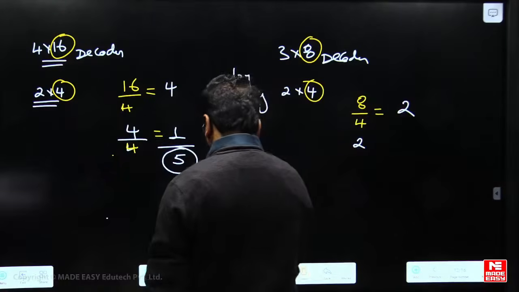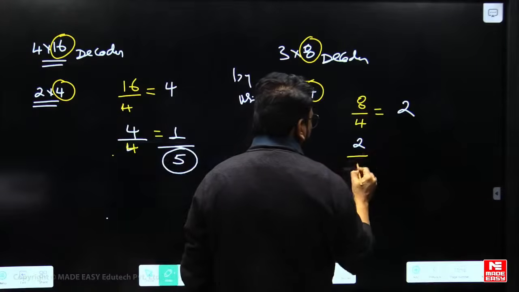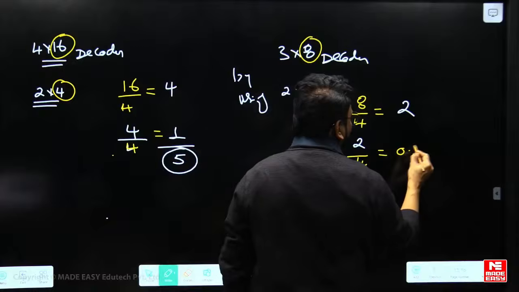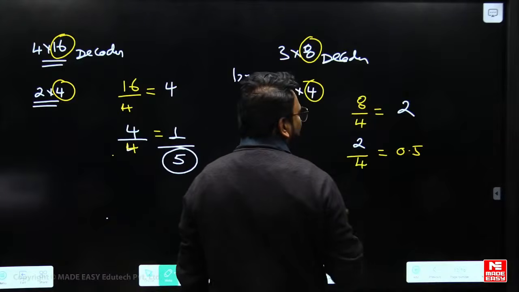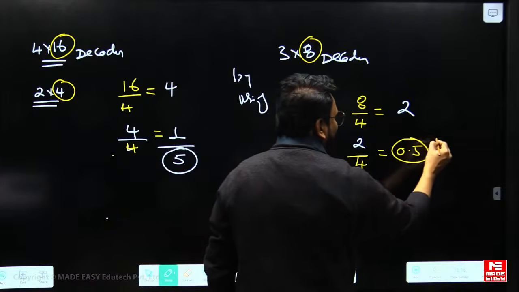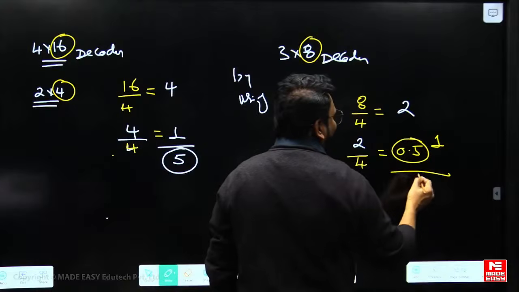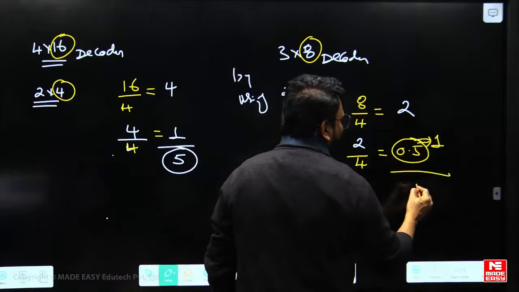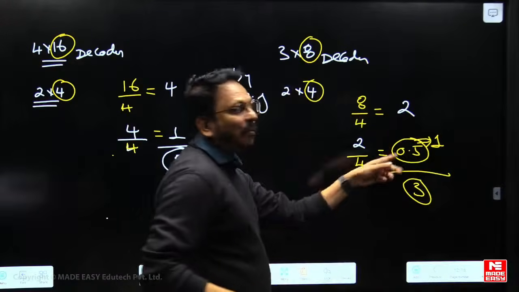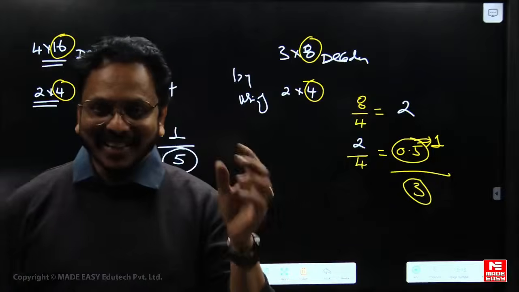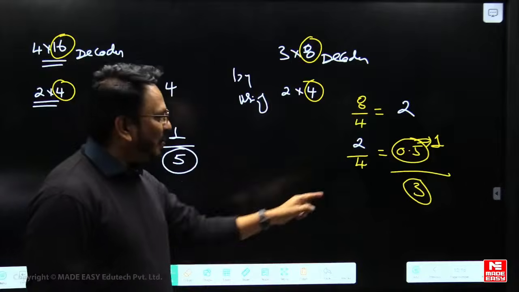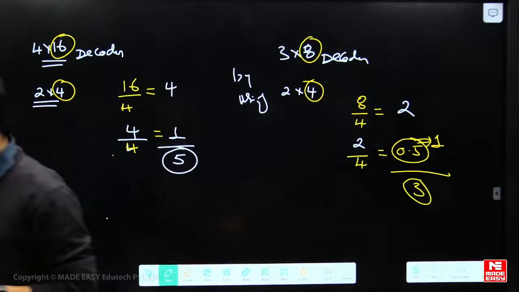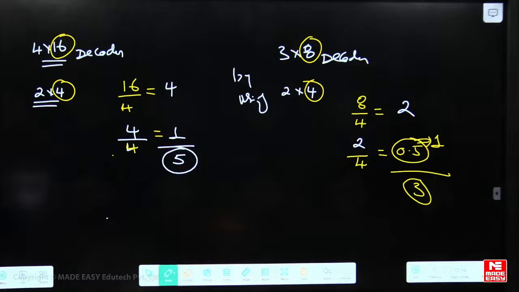That 2 by 4 is nothing but 0.5. Or is it 0.5? No, for this case you have to keep 1. So 2 plus 1, totally 3. Because a half decoder does not exist. We should use the complete decoder for the 2 by 4. So that answer is 3, like that. Got it?